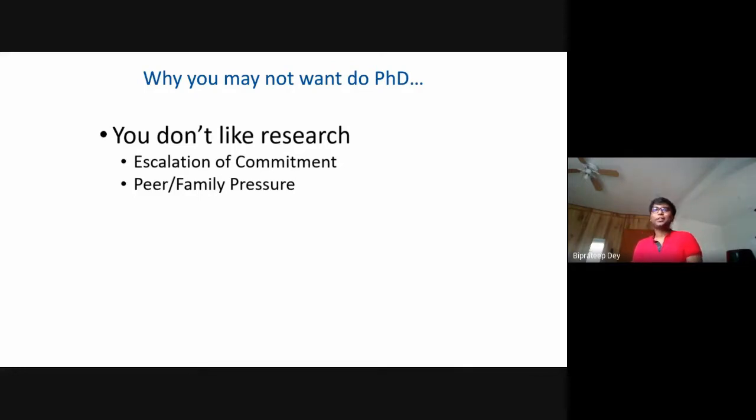The two things I wanted to mention are that just because you're in NISER, you have already done a lot of research as part of your curriculum. And just because you did it as part of your curriculum does not mean that you have to take up research as a career in the future. If you don't like it, you can feel free to not continue doing research.